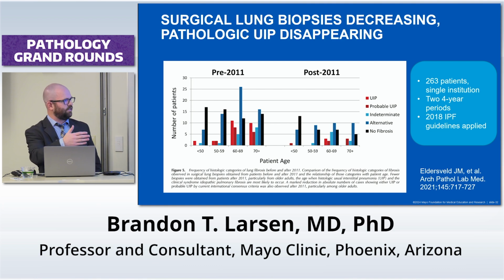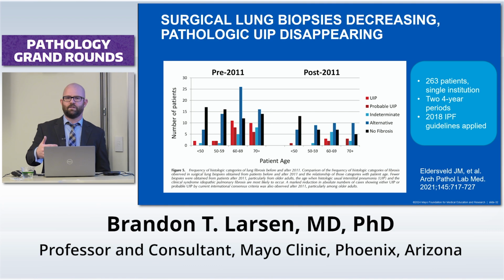Regardless of patient age, the number of cases of UIP or probable UIP based on current guideline criteria have also disappeared in real life practice for a variety of reasons. But what that means is those classic cases of UIP that we used to think about and sign out are infrequently encountered in clinical practice.